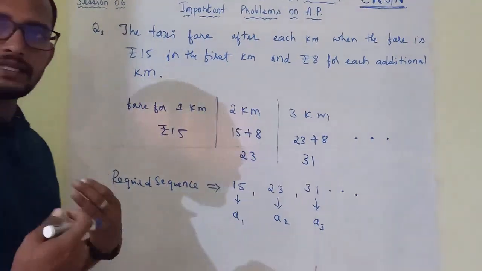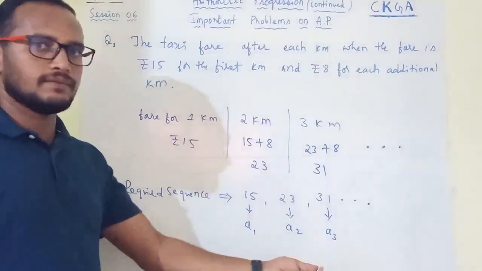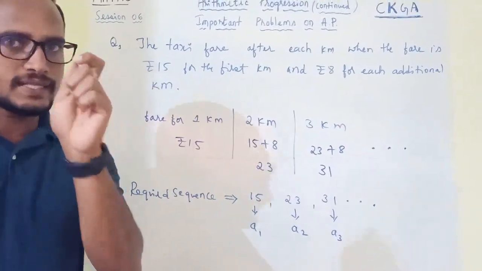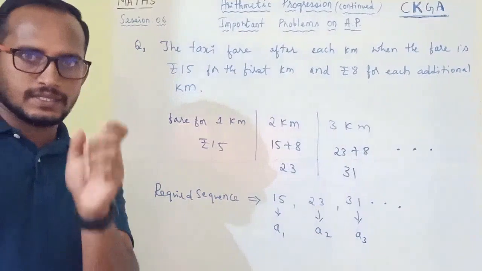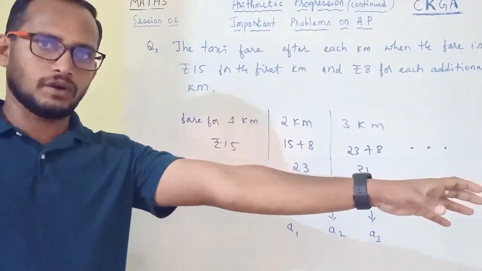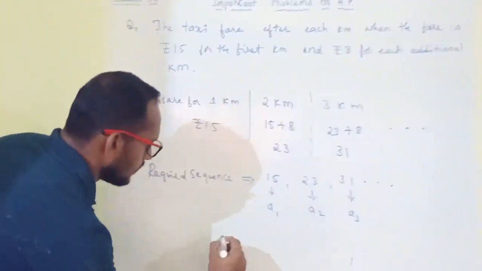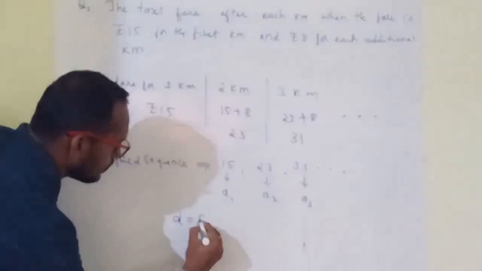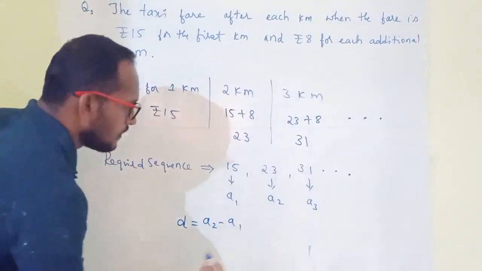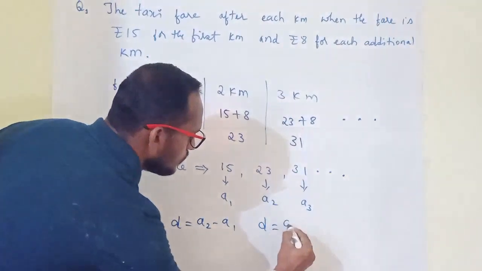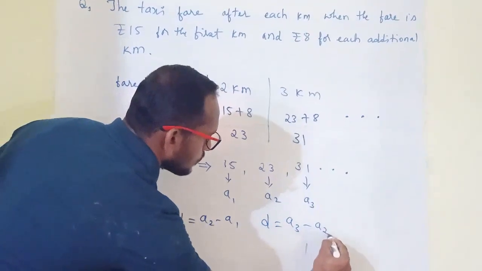Let us recall the concept of common difference. The common difference is a tool to tell whether terms are in AP or not. How to find it? D is equal to A2 minus A1, and also D is equal to A3 minus A2.